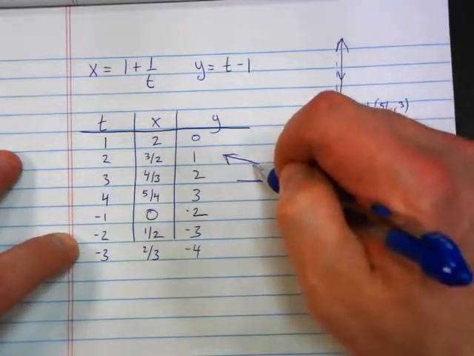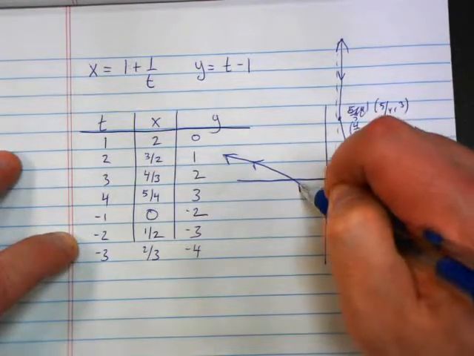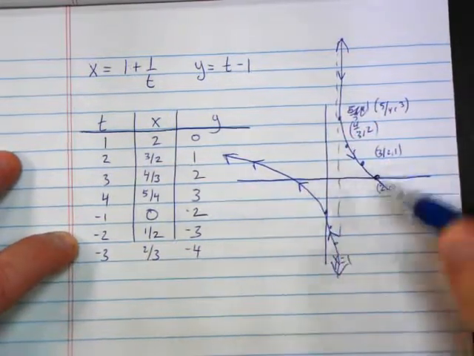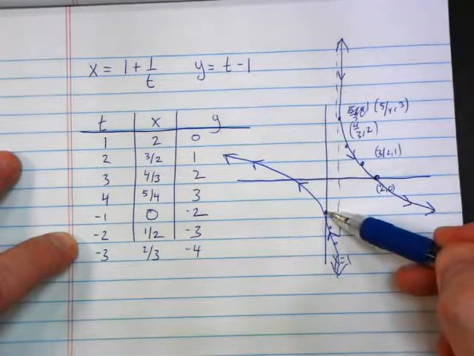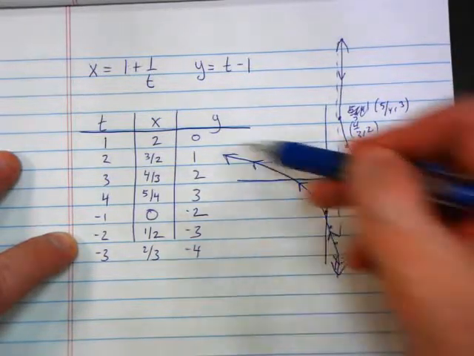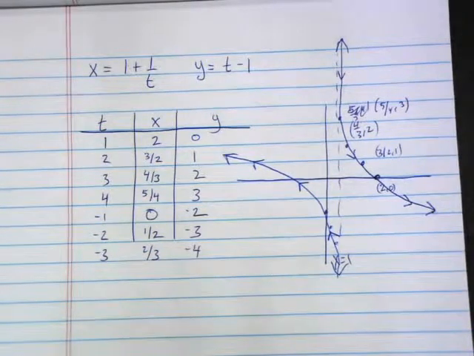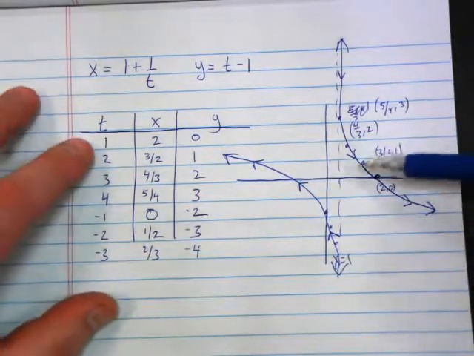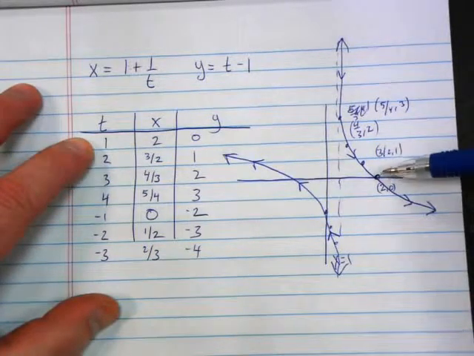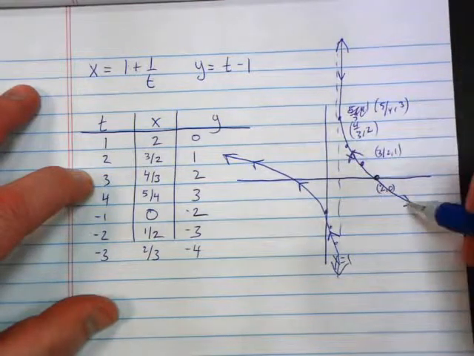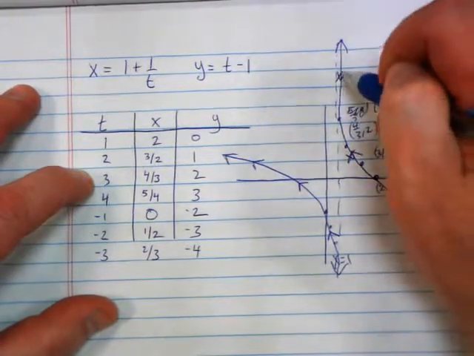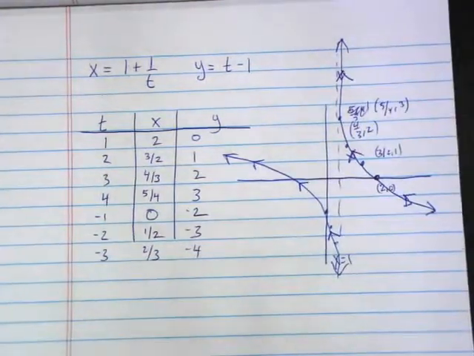So the direction would be that way, wouldn't it? When my t's get bigger, when I go from negative 3 to negative 2 to negative 1, I'm actually going in that direction. Yeah, my arrow's backward on this one. T goes from 1 to 2 to 3. Yeah, my arrows are backward on that one, aren't they? Sorry about that. That one goes that direction.